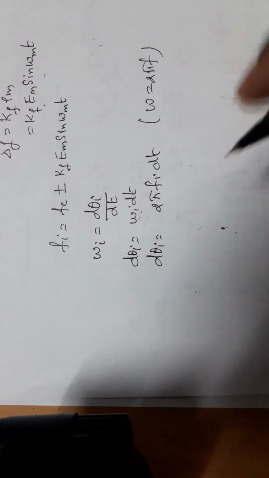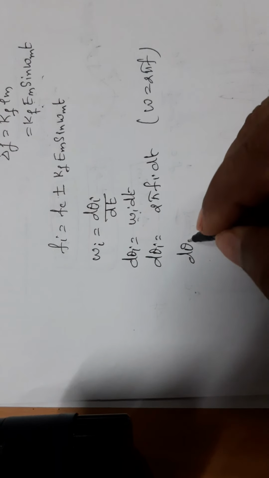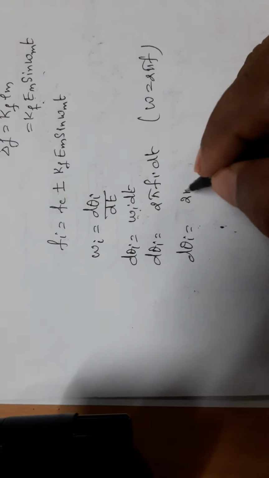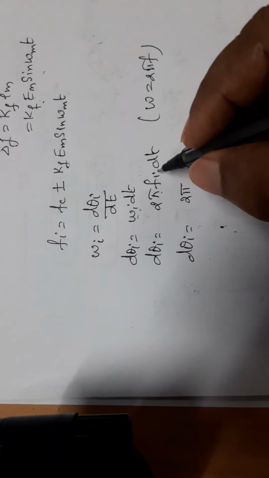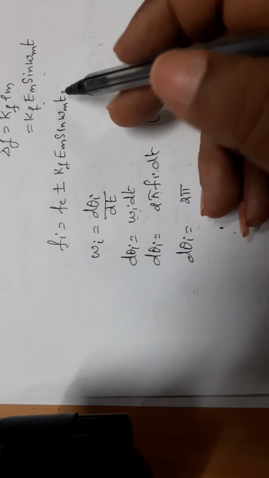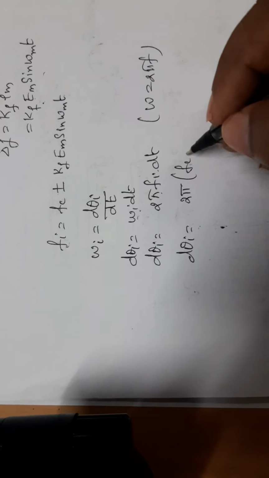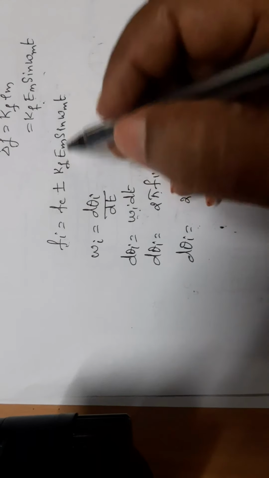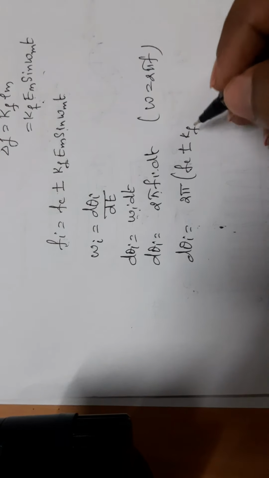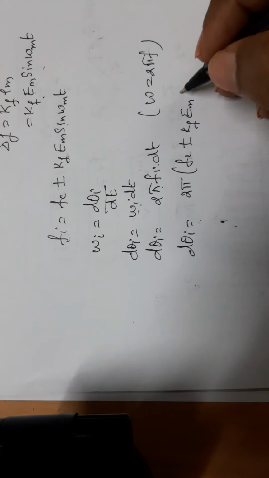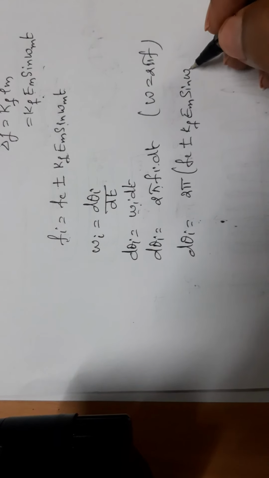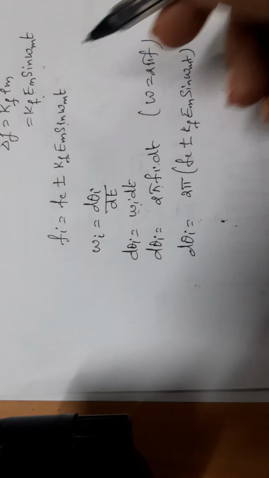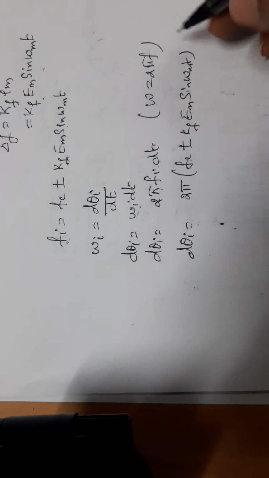So you get d theta i equals 2 pi into Fc plus or minus Kf Em sine omega mt, into dt.